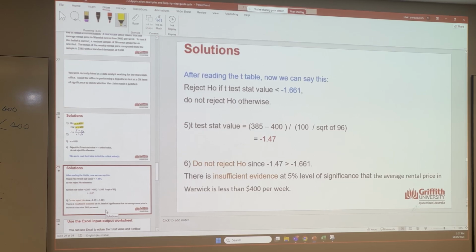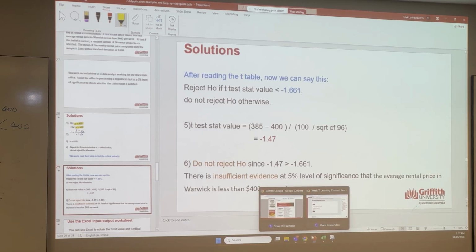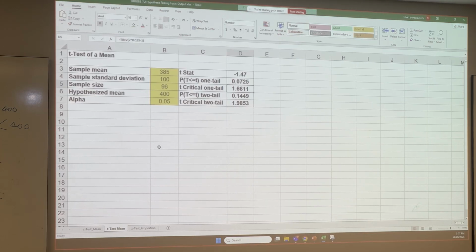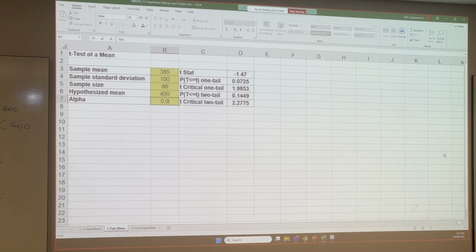Well, you can change it and see what happened. The critical value increases. 1% means 0.01, so the critical value increases.